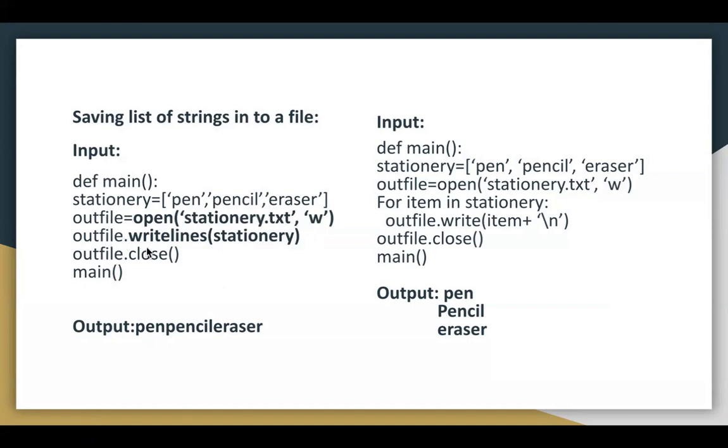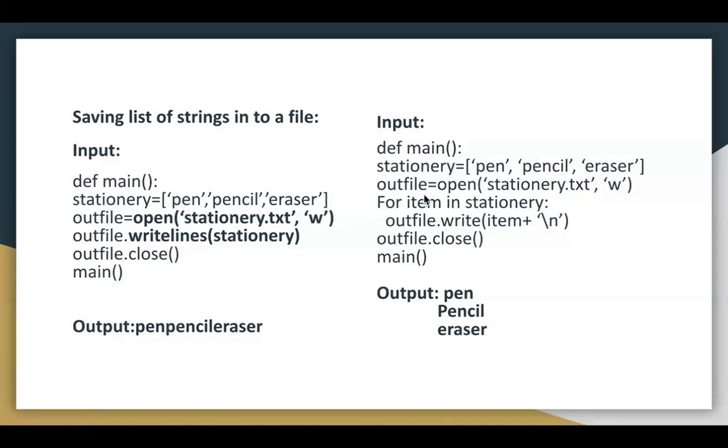So out file dot writelines of stationery, because we gave the list name as stationery, and we want to close the file. So we are using the syntax out file dot close, and we are calling the main function.